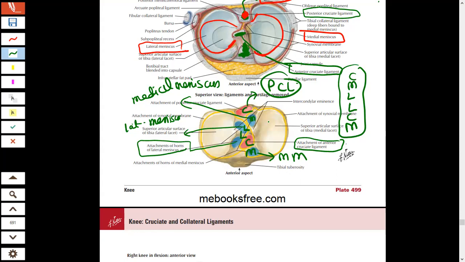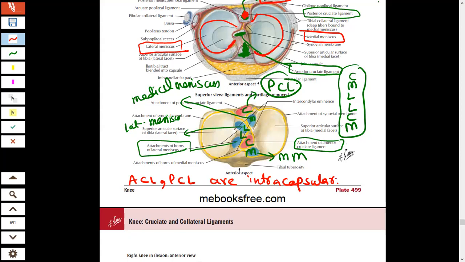Please remember one very important point, and I want all of you to remember this line forever: ACL and PCL are both intracapsular ligaments, right?